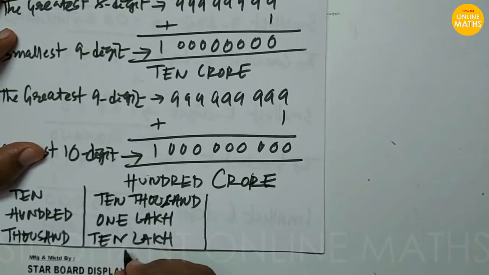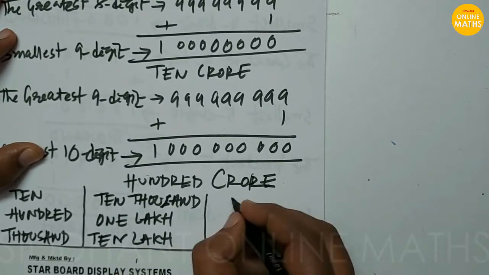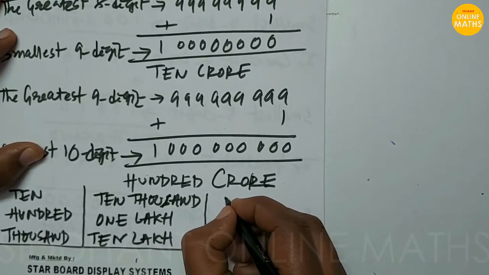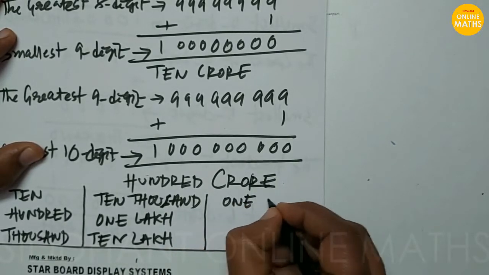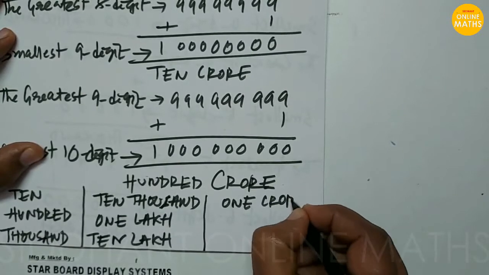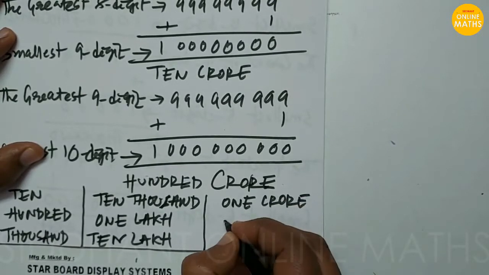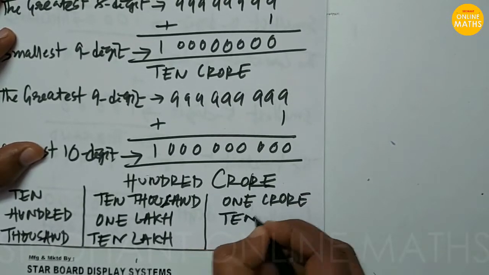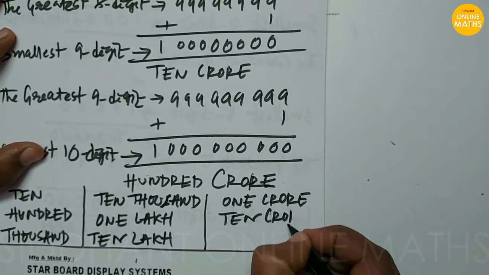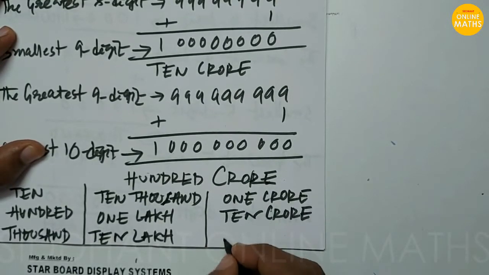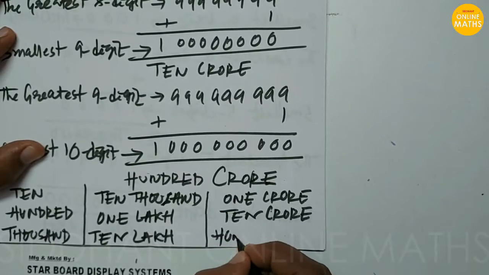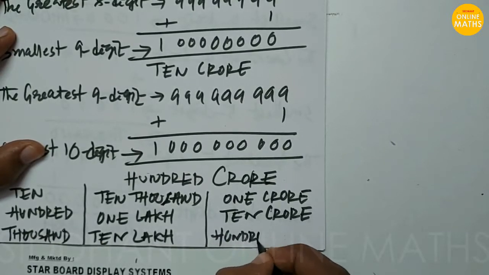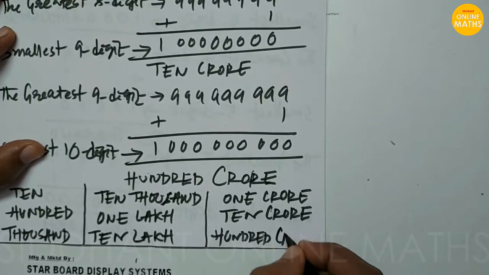After 1 lakh, 10 lakh, we are not going to read it as 100 lakh. We read it as 1 crore, and after that 10 crore, and after that 100 crore.